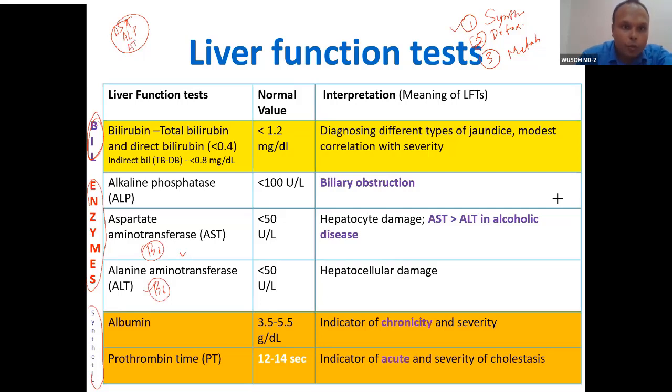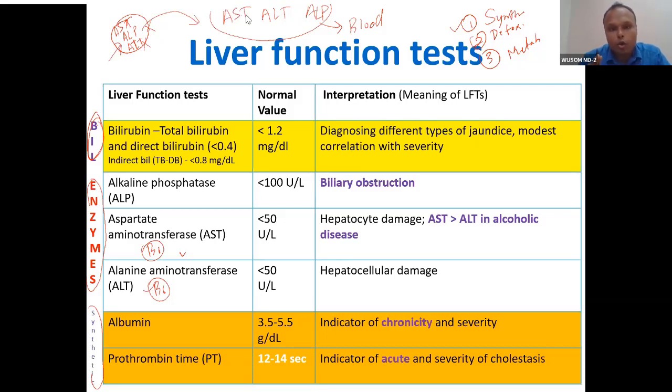What will happen is, when this cell breaks down, these enzymes come out. AST, ALT, and then ALP come out in the blood. And that is why these enzymes become very favorite diagnostic markers for liver disease. When the liver cell dies, these enzymes come out in the blood. These are normally active inside the liver, not outside.